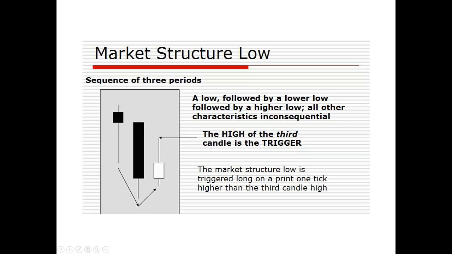Market structure low. Okay. Now market structure low can form just on this, but it doesn't give a signal until this is broken. Now what you're going to find a lot of times, you may say, well, Jay, how do I know if it's the final low for the day?